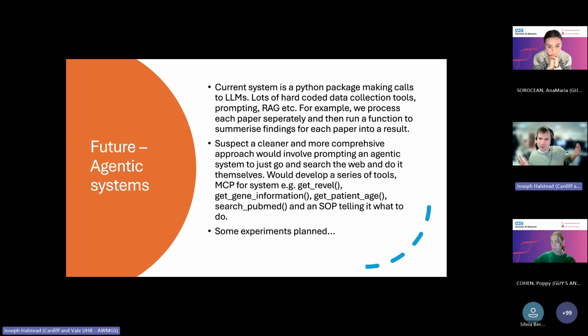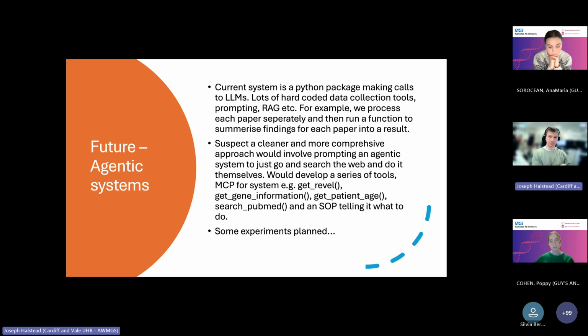Anyone who follows AI a lot online, or is involved in the community, will be hearing a lot about agentic systems. The current system is a Python package making calls to LLMs, with lots of hard-coded data collection tools, prompting, RAG, etc. For example, we process each paper separately and then run a function to summarize the findings, but I've coded that in a Python script that says go and get all the papers, then summarize the information, then synthesize it, then output a JSON.